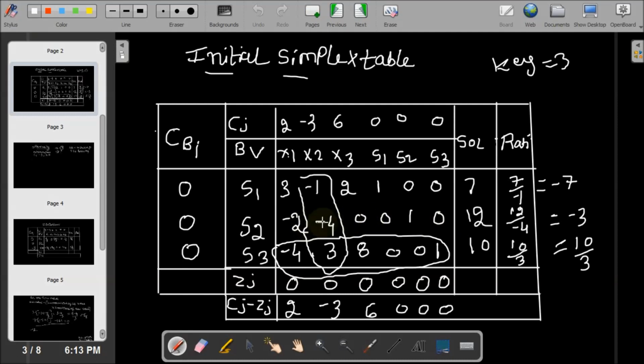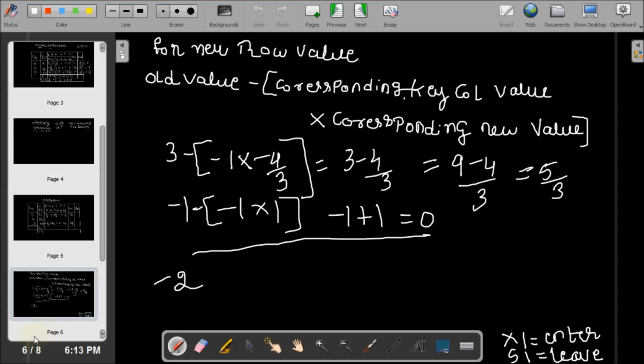So here the key column value for S2 is -4. So I will substitute -4, right? Minus into -4. Next, what is the corresponding new value? I already told you, new value, you have to take the values you found out. So new value here is -4 by 3.